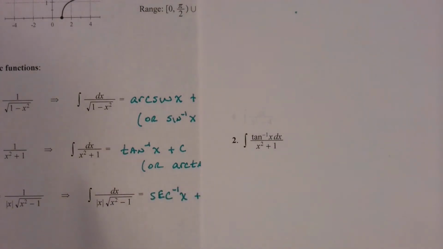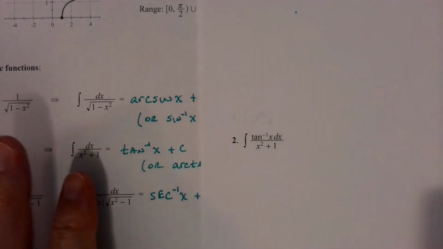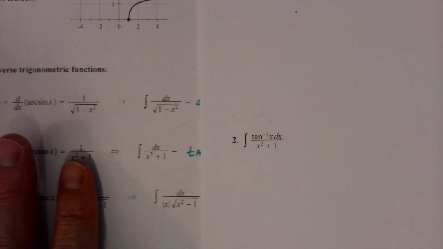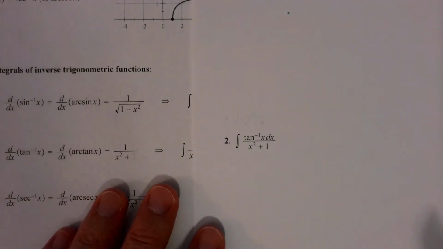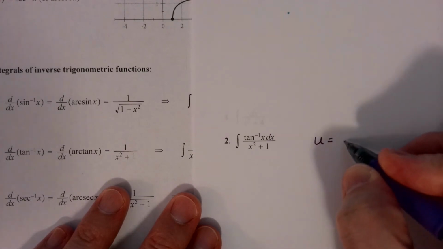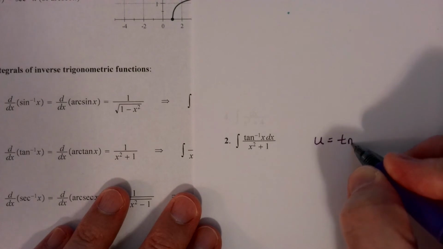Well, think about a u substitution here, and in particular, go back to the derivative of the inverse tangent function. I'm going to see if this makes sense. I'm going to let u be the inverse tangent function.